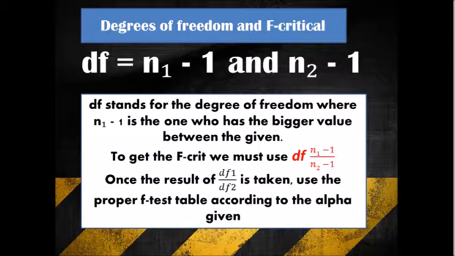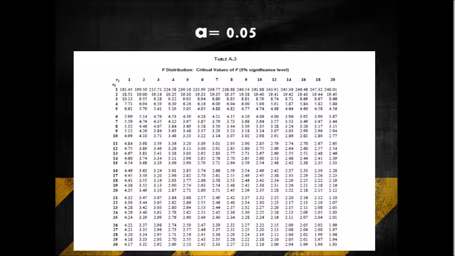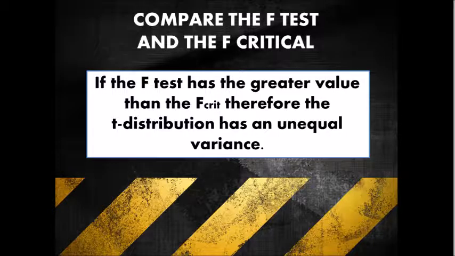When you have already taken the df sub 1 and df sub 2, you must search the F critical accordingly to its alpha, which is given in the problem. Here is an example of an F table with an alpha of 0.05. Comparing the F-test and the F-critical: if the F-test has a greater value than the F-critical, therefore the t-distribution has an unequal variance.